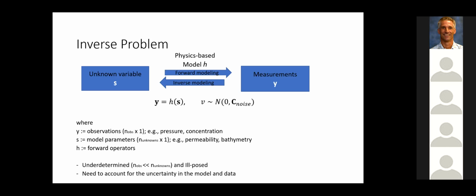And also the problem itself is ill-posed. In the forward modeling, if you learn about the finite element method and other things, they are very stable. A little bit of change in the input parameter will result in a very small change in the output in this forward map.